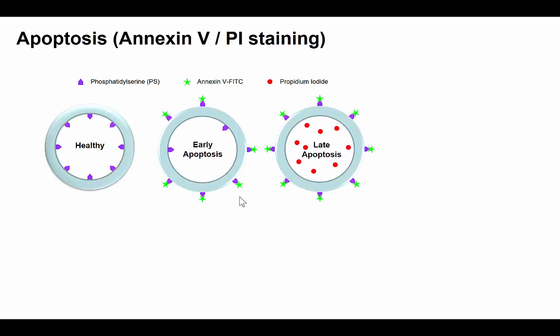This flow cytometer technique can be applied to apoptosis too. In healthy cells, in the membrane structure, phosphatidylserine is facing only inward. When the cells go into apoptosis, some phosphatidylserine becomes exposed to the outside. And Annexin V is the detecting molecule for this phosphatidylserine.